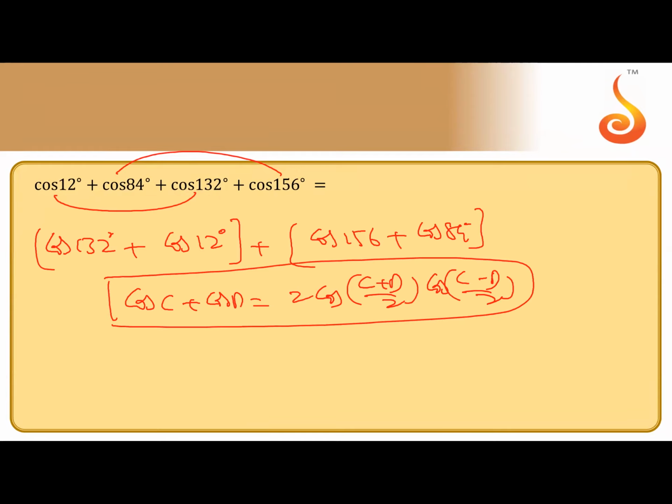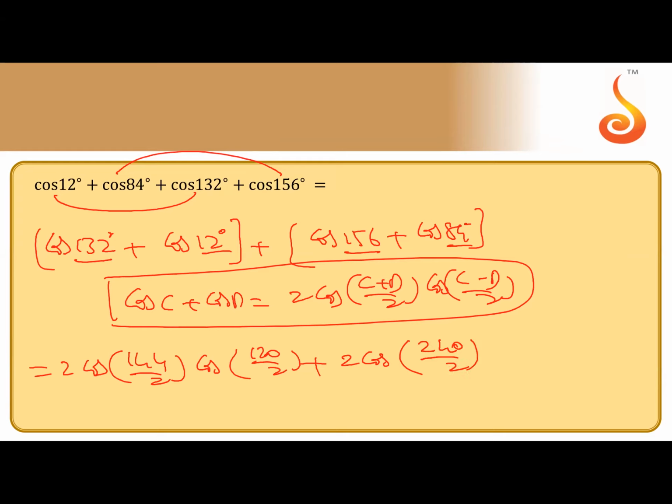Yes, now apply the formula. 2 cos (C plus D): 132 plus 12, 144 by 2. And C minus D: 132 minus 12, 120 by 2. Next, 2 cos (156 plus 84), that is 240 by 2, cos (156 minus 84), that comes 72.